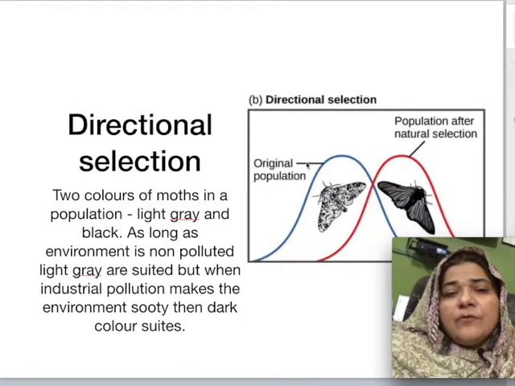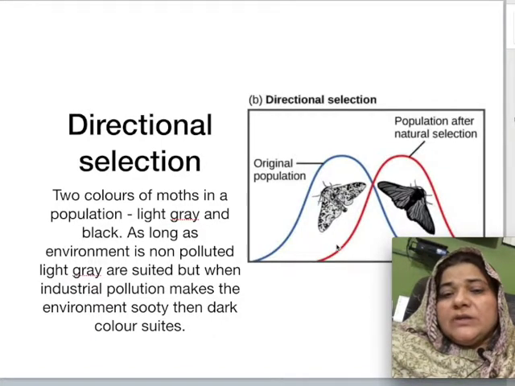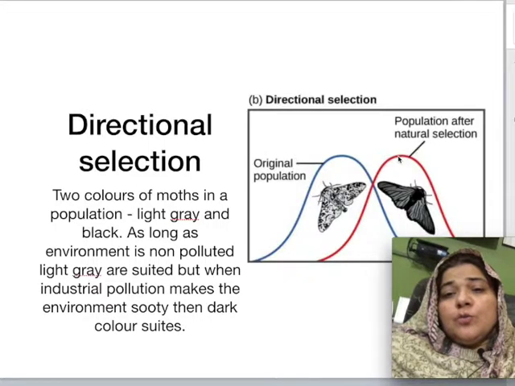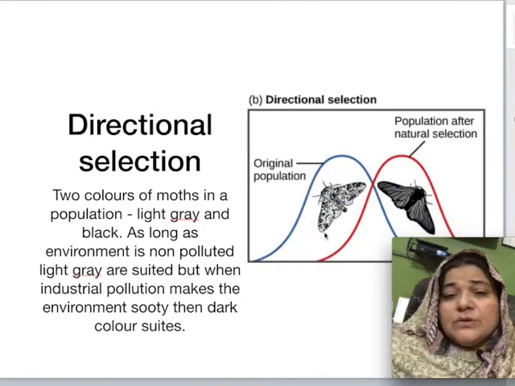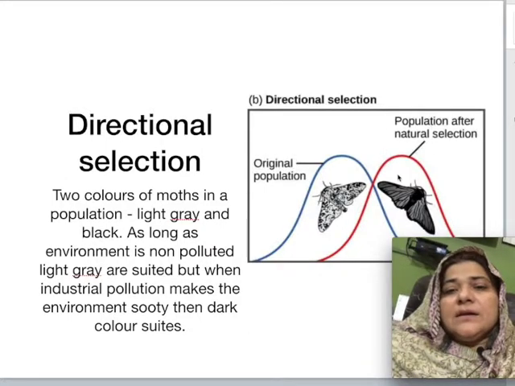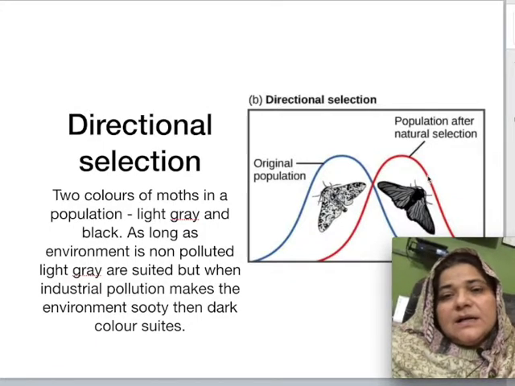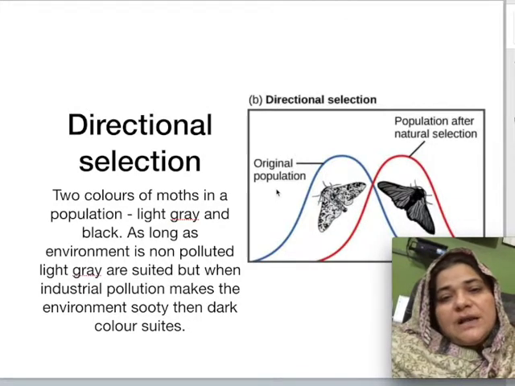So while the graph of the original population is this, the graph of the population after natural selection, after so much change in the environment has occurred because of the Industrial Revolution, because of sootiness growing in the environment and the backgrounds on which these moths are surviving darkening, we have selection favoring this dark colored moth, and this is what happens to the population after the directional selection has taken place.